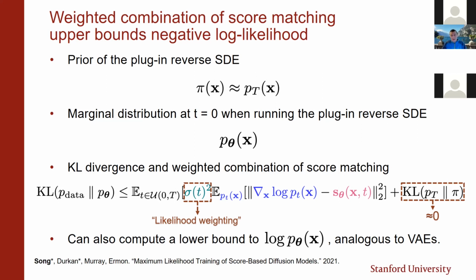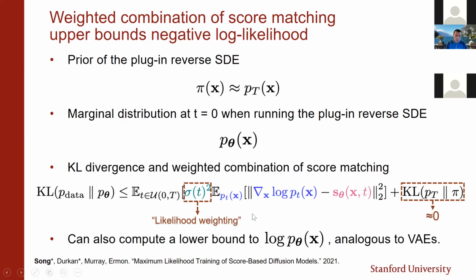So you can also think of these kinds of models as latent variable models, where you have an infinite, continuous time indexed hierarchy of latent variables, which corresponds to the samples that have been perturbed by adding increasingly large amounts of noise. Or you can think of the path of the SDE that gives you that particular X as a latent variable. And that's cool because then you can train these models by maximum likelihood.